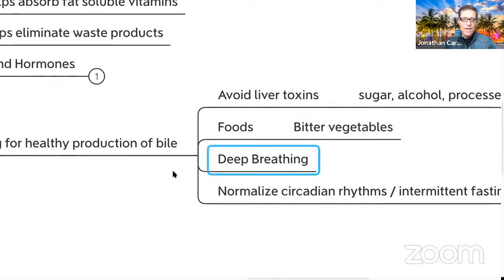Why would deep breathing help? Two reasons. One is that deep diaphragmatic breathing actually massages the liver, which is right under here. When you take these big diaphragmatic breaths, you can massage the underside of your liver, which can help with bile. But additionally, deep breathing relaxes you.